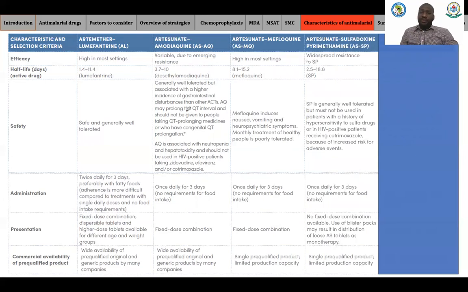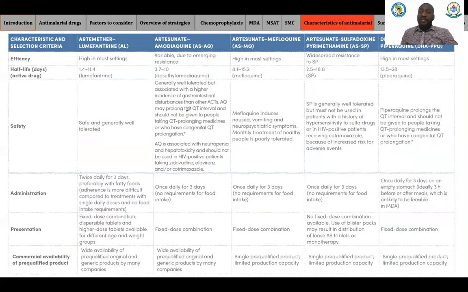You should be careful not to give these people this drug. This one is used once daily for 3 days, but unfortunately there's no fixed dose combination available. So you have to give blister packs of artesunate and another blister pack of sulfadoxine pyrimethamine as a monotherapy. The single pre-qualified product is limited in production capacity.